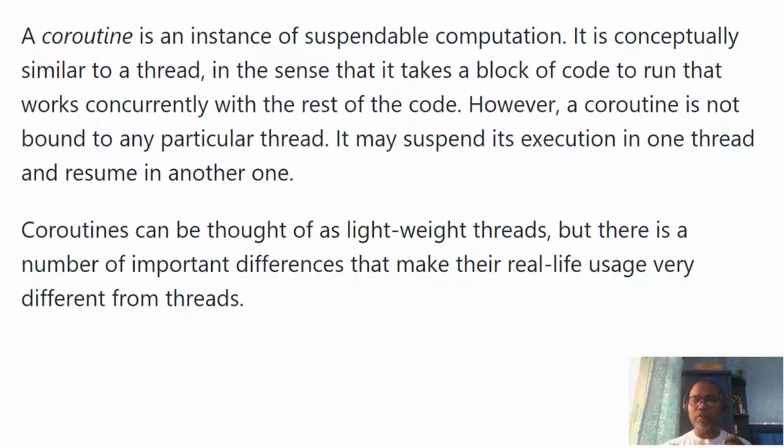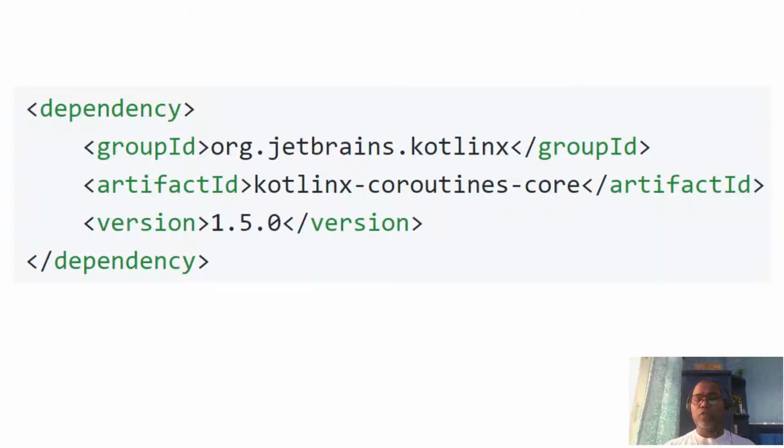Let's write a first coroutine program. What kind of syntax and semantics do we use to write coroutines? First, we need a dependency. Kotlin offers a set of libraries and built-in functions that enable our programs to write suspendable code, or coroutines.